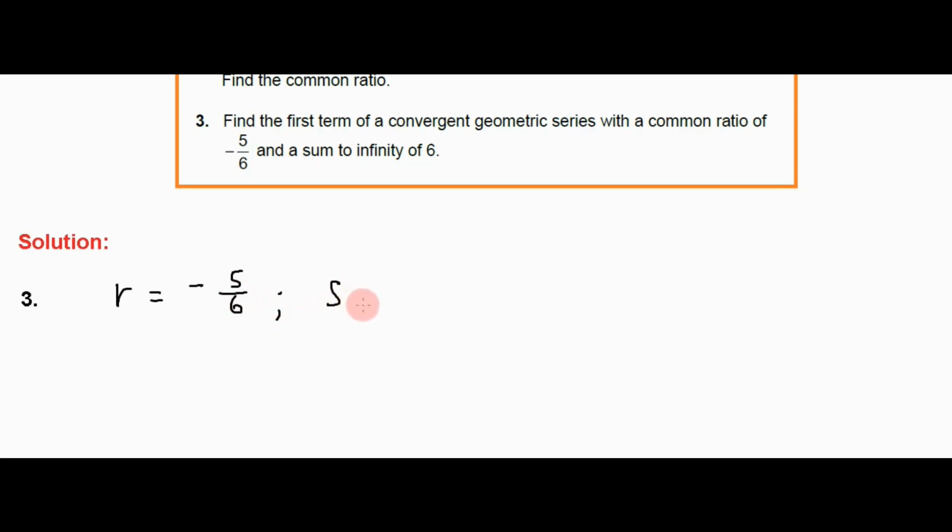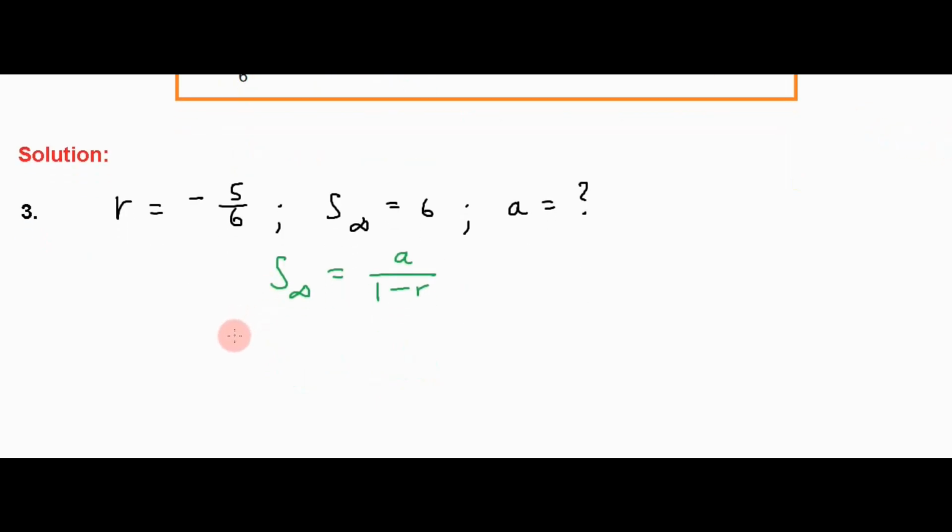We also know that the sum to infinity is 6, and we must find the value of A, the first term. Once again, using this formula, we can substitute in our values. So the sum to infinity is 6. We need to find A, and R is -5 over 6.